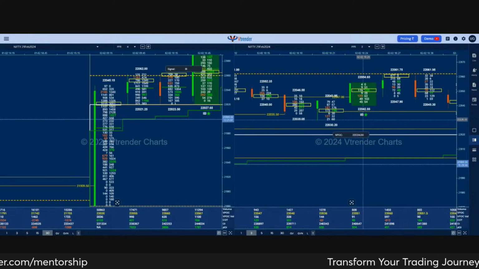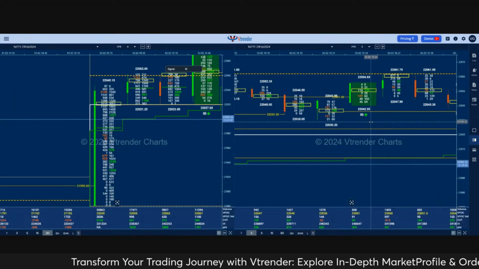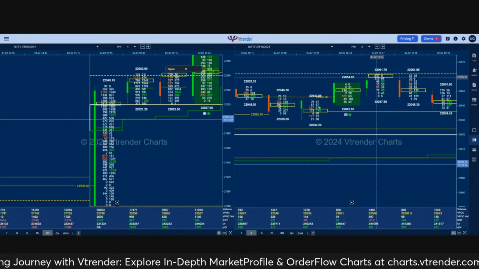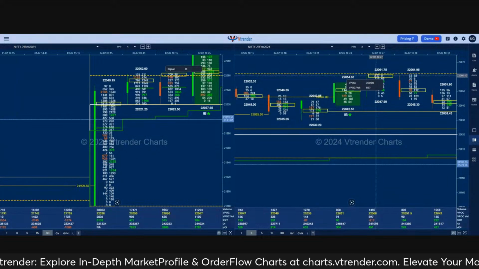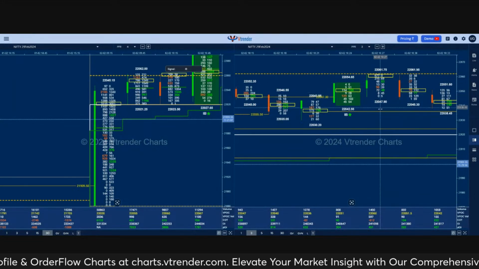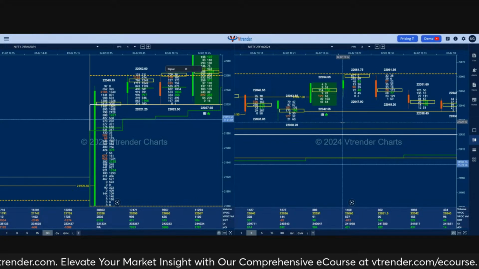On 800 contracts, this IB is not as good a signal as we want it to be. Moreover, this is coming in the C period, so we are more skeptical about this. And immediately we see this 677 seller coming in right at the IBH. So we are not comfortable taking this trade because this is again an RS.